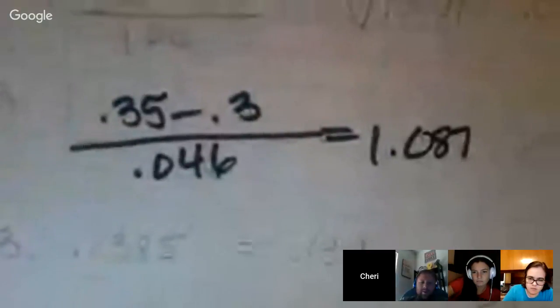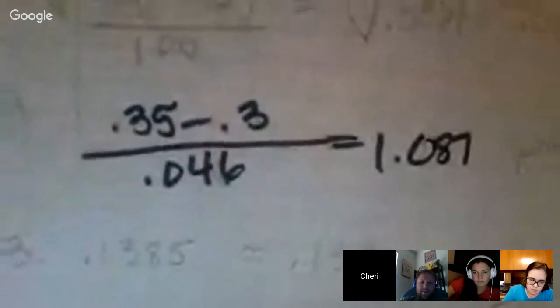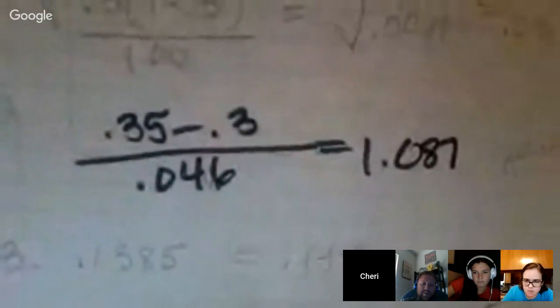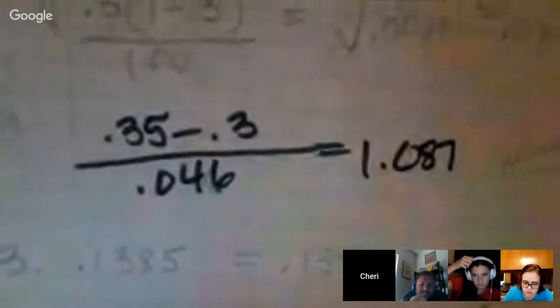The value minus the mean divided by standard deviation is the z-score, right? Yeah. Yep, it's the value minus the mean. So the value, and p is the mean. 0.087? 0.087.